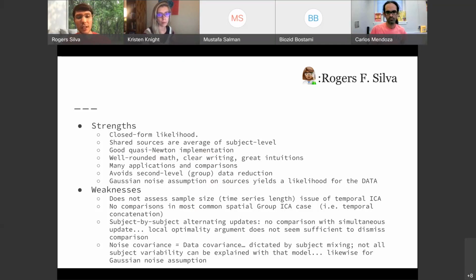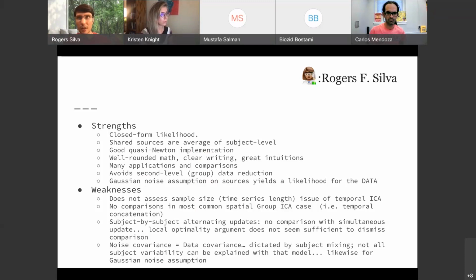And the last thing is that the noise covariance is basically the same as the data covariance at the subject level. At least that was my understanding. There's a statement about that. And which means that the ground truth mixing matrix for each subject basically dictates what is the covariance of the noise. And I have the impression that not all subject variability can be explained by that kind of model.